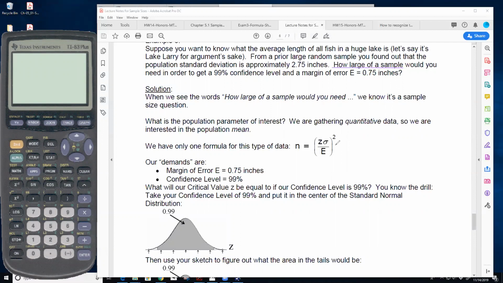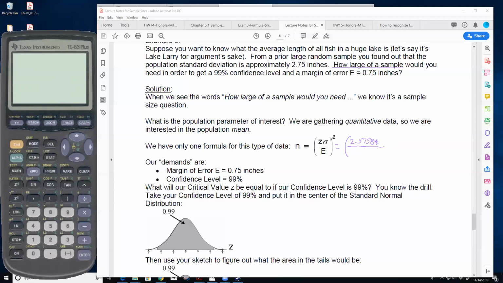So I know that n is equal to left parenthesis, and Z. I'd look that up on the table, and I find where 99% is, the last one in the table, and that critical value is 2.5758. And that's going to be multiplied by, I'll do a little asterisk because that's what it looks like when I do multiplication on the calculator.